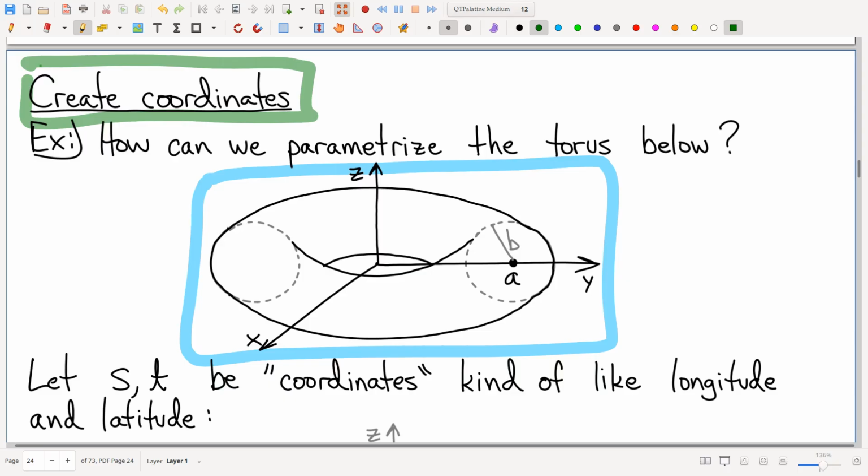Nah, come on. That would be incredibly inefficient. We have this whole longitude-latitude thing, and it just makes sense. It's a natural, geometrically tailored to the circumstance way of keeping track of where you are on the surface of the earth. So that's what we're looking for here.